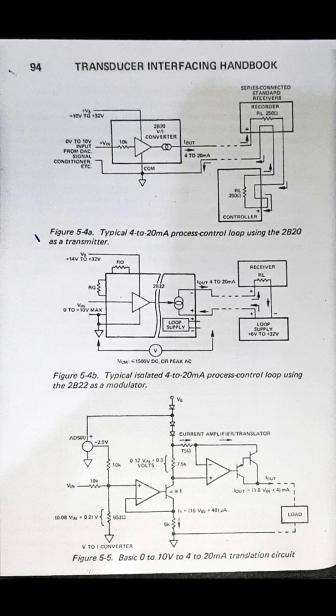Figure 5.4a provides the offsetting with the bridge configuration, and this figure is a typical 4 to 20 milliampere process control loop using the 2B20 as a transmitter.